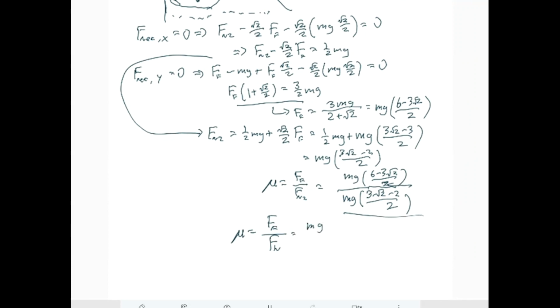So this becomes 3 mg over 2 plus root 2, and then Fn is just mg root 2 over 2. And if you do some quick maths, this simplifies just to 3 root 2 minus 3. And so that's our answer. Cool. Yeah, so there is a different normal force, and that's why the coefficients will be different.